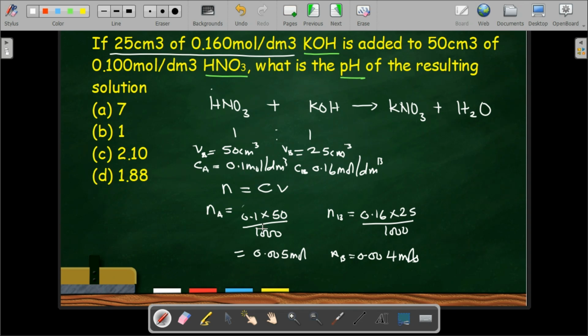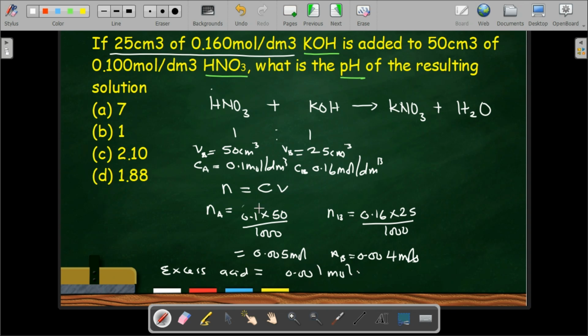So the number of moles of the acid exceeds the number of moles of the base by a difference of 0.001. That means there is excess acid of 0.001 moles.